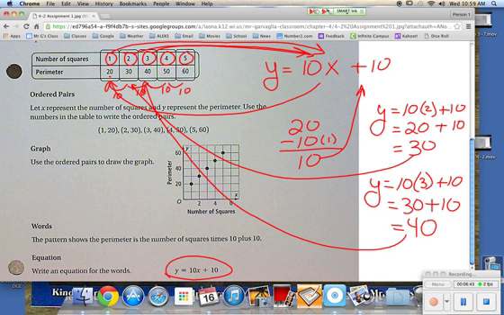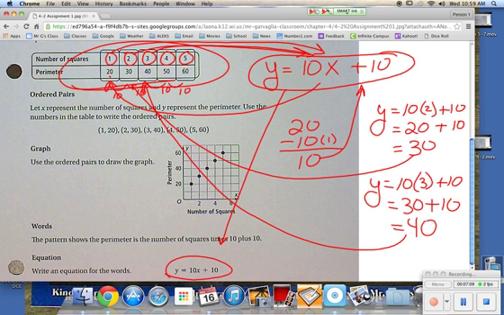We can check the other ones, but I think we'd be pretty safe to say that if we have 3 in a row that meet this criteria, they all should meet the criteria. Okay? We can say that's our equation. So we can take a look at y equals 10x plus 10, which is the equation they came up with, as being the equation for this set of data here.